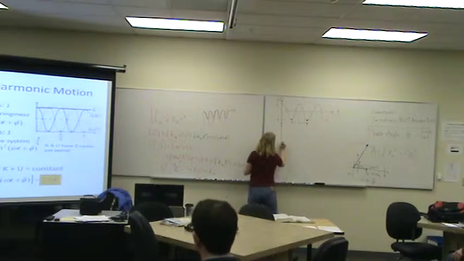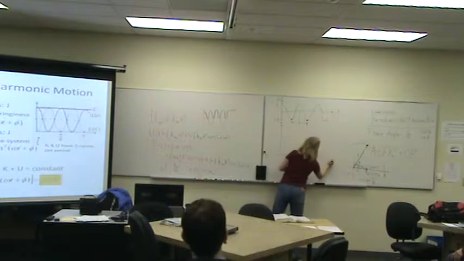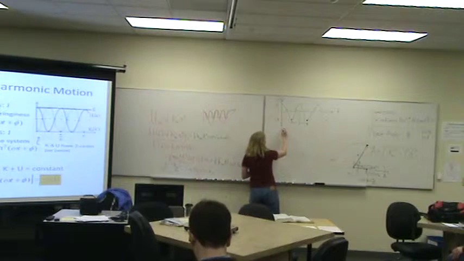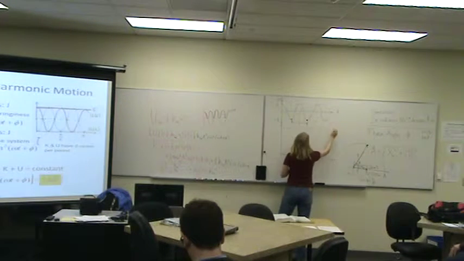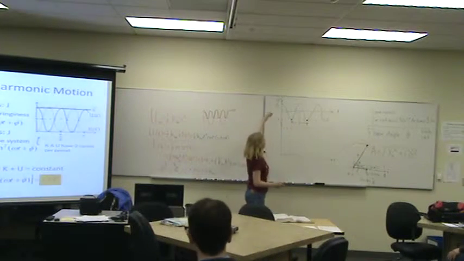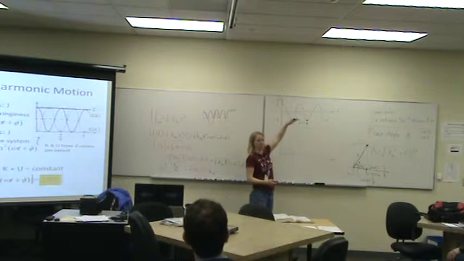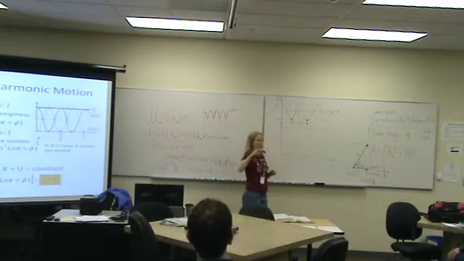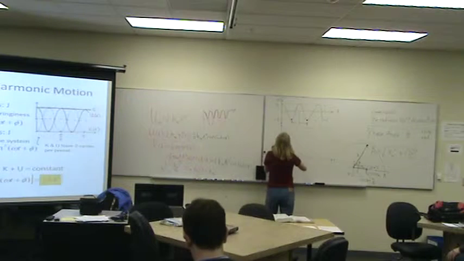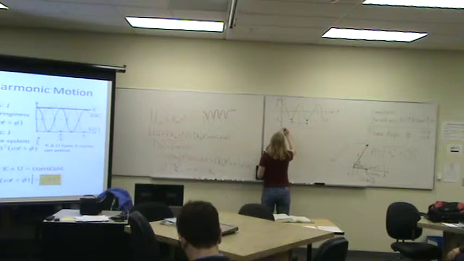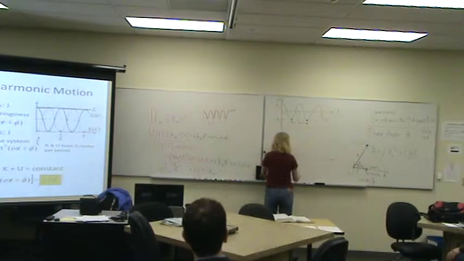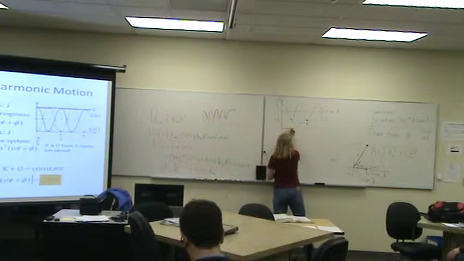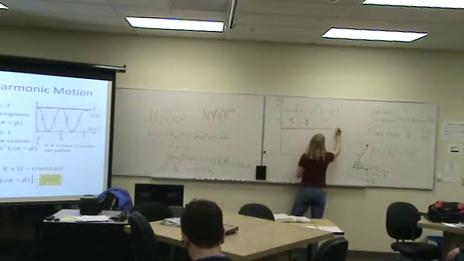So I'm going to add below our position graph an energy graph to show how for every one cycle of position we should have 2 cycles of energy, which is really kind of tricky to draw. So this is our total energy along the top.